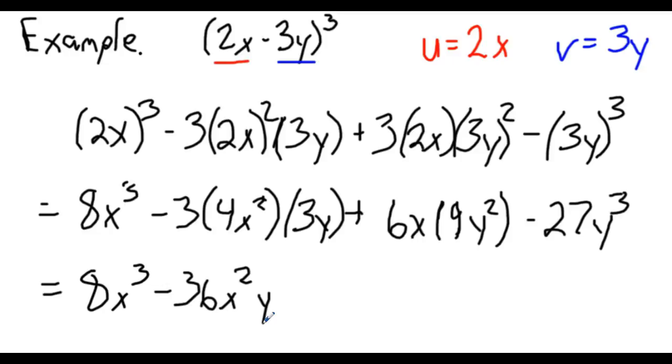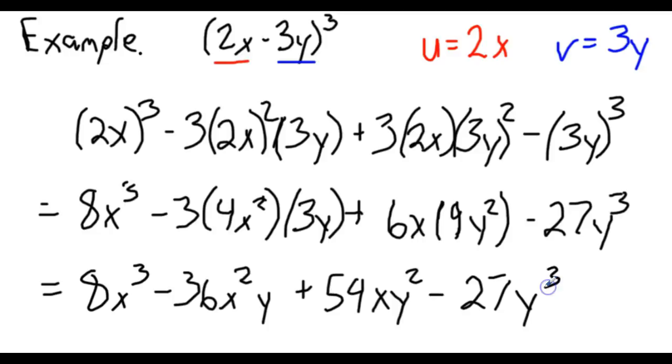So 6 times 9 is 54xy squared minus 27y cubed. So that's how we take the cube of a difference. If we can recognize that pattern and use the formula, we can plug those values in rather than trying to use the FOIL method twice.